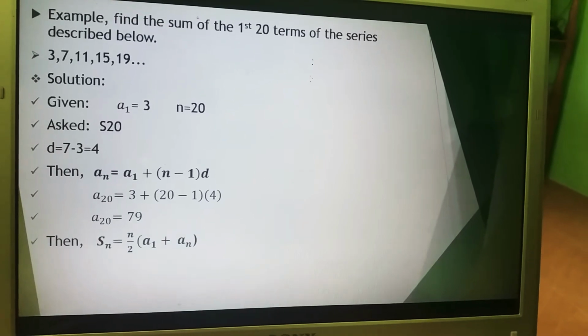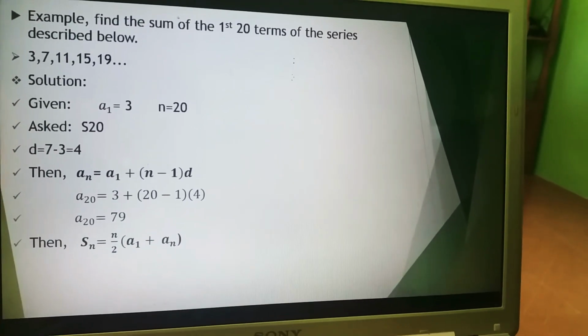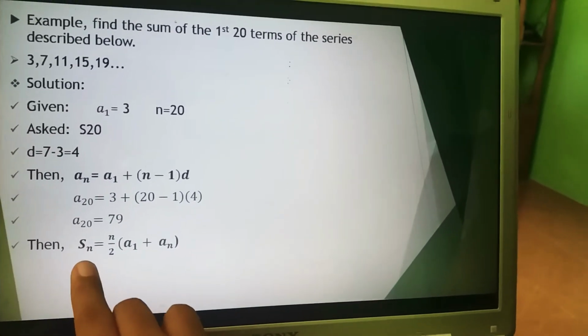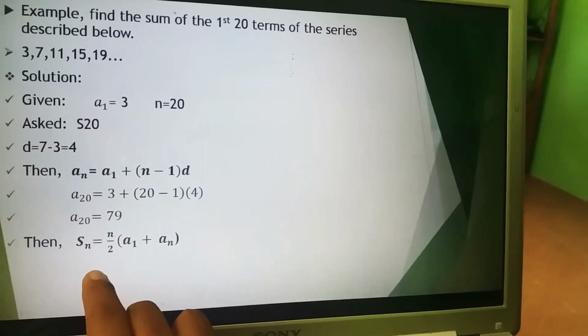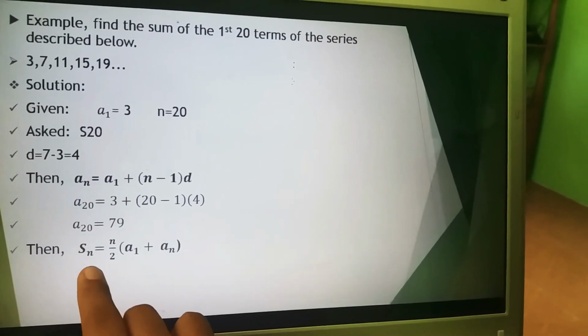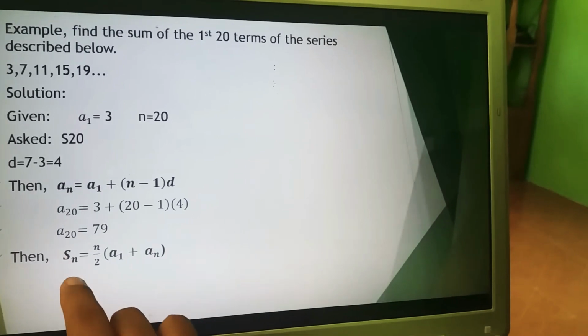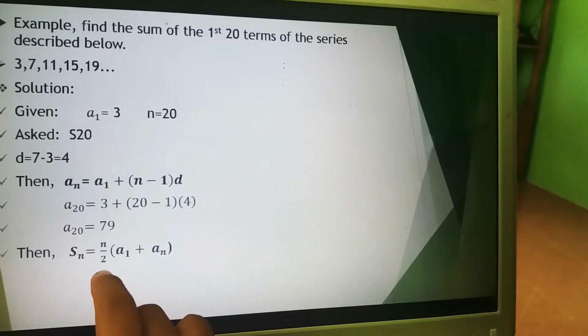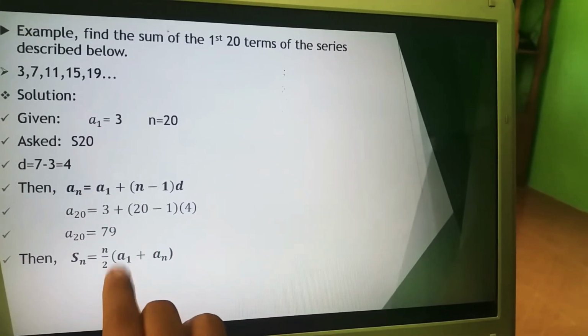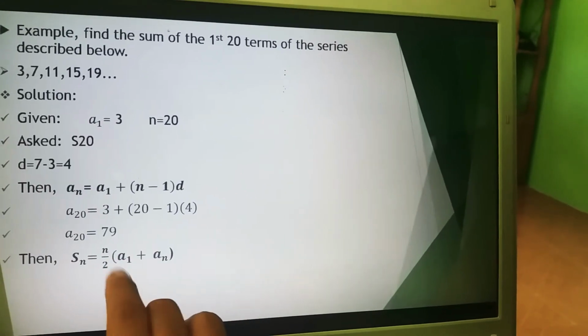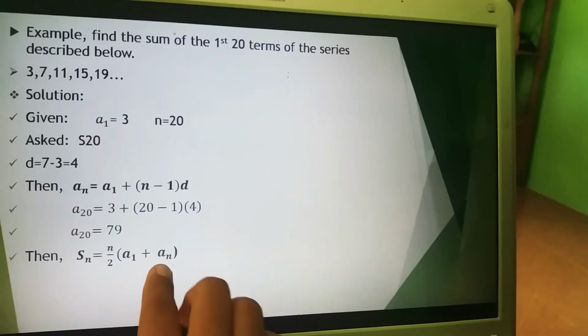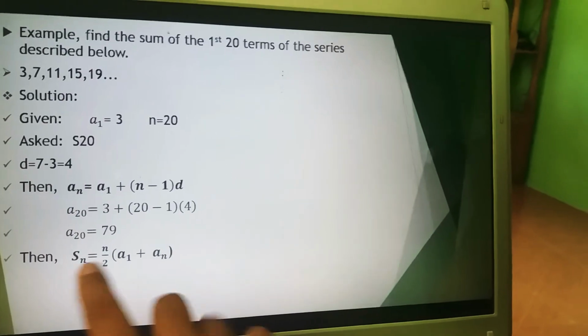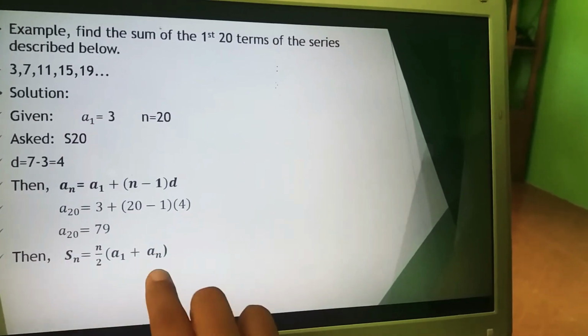So, we can already use the formula for finding the sum of a series. S sub n equals n over 2 multiplied by your first term, a sub 1, plus your nth term, or your a sub 20.